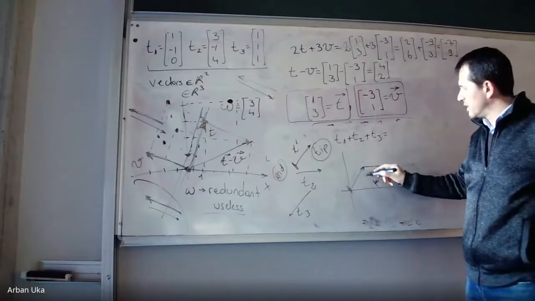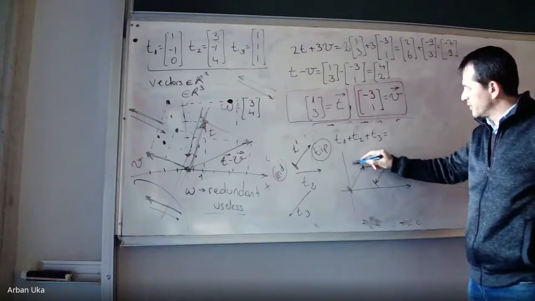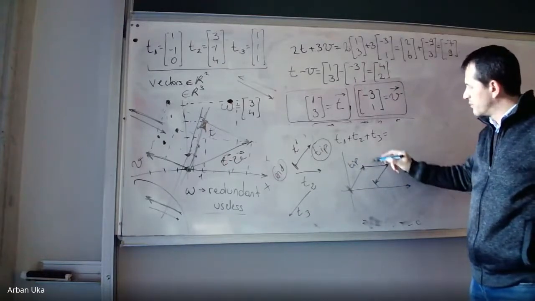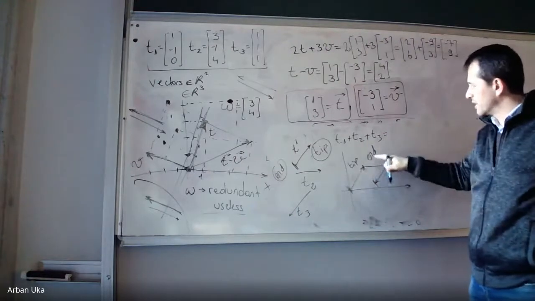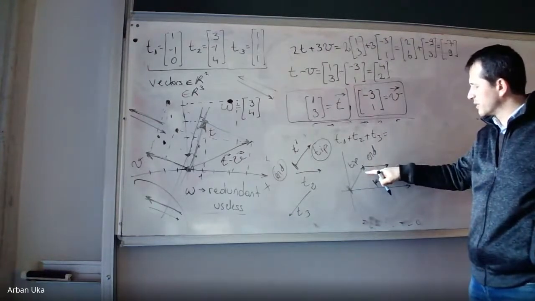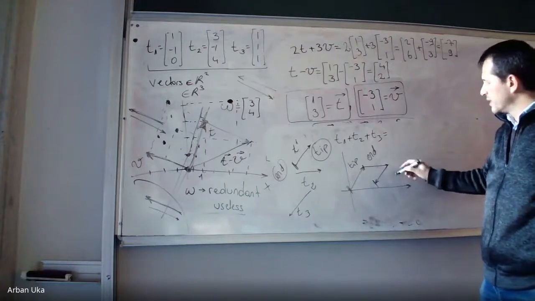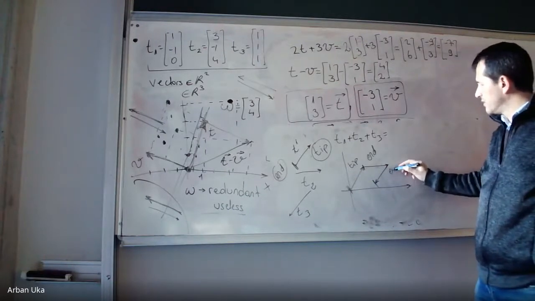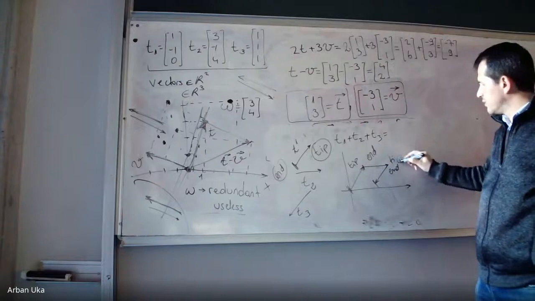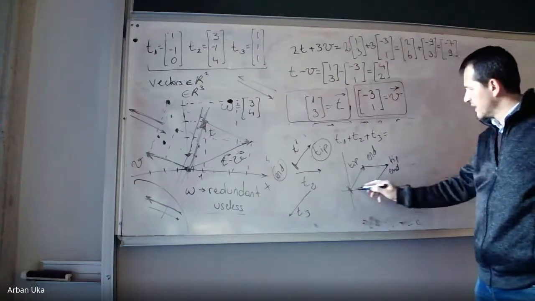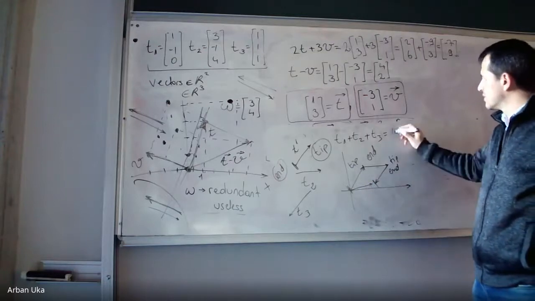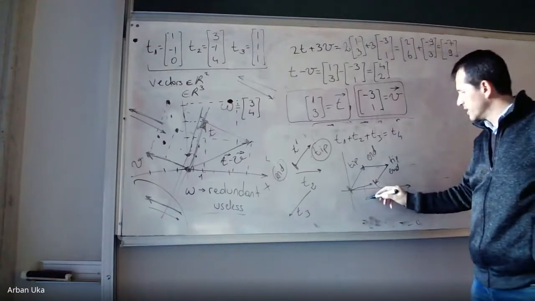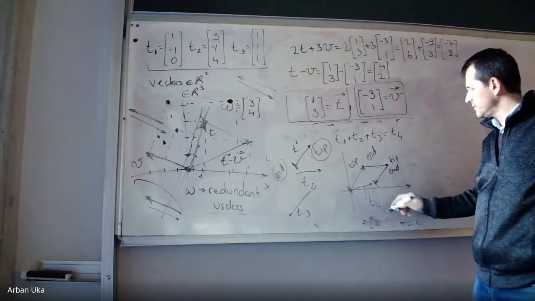We say t1, this is the tip of t1. Then we bring the end of the second vector to the tip of the first one. Then we bring the end of the third vector to the tip of the second one. So this is how we do it. And finally, we get a vector which is going to look like this. Let's write this one t4. So t4 is this vector here.